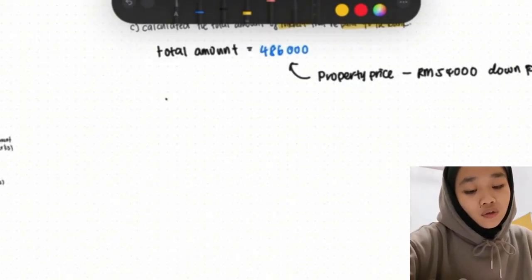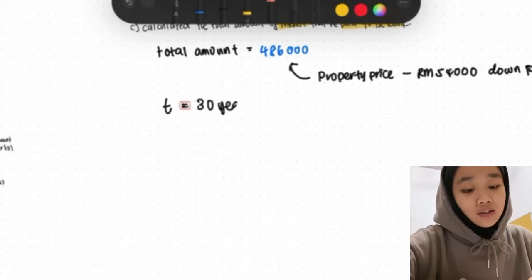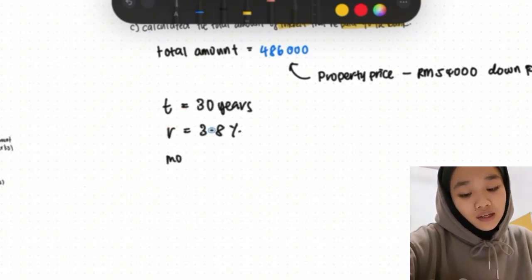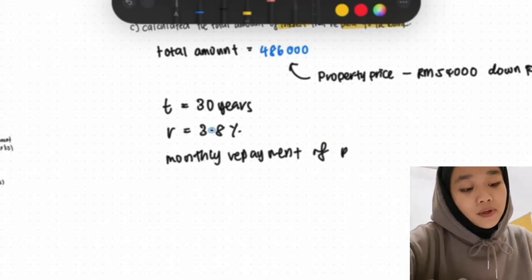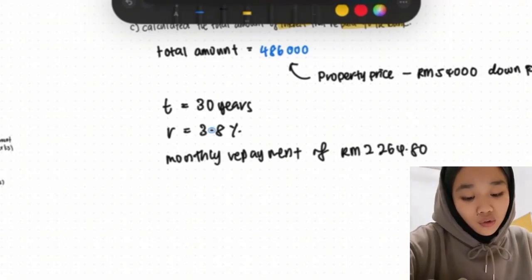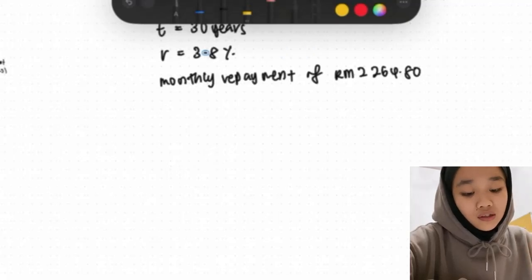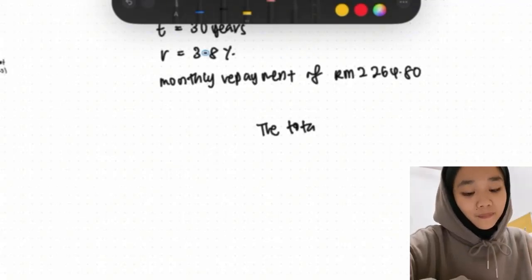He had agreed to repay this loan over 30 years at an annual interest rate of 3.8% compounded monthly, with a monthly repayment of 2,264 ringgit and 80 cents.